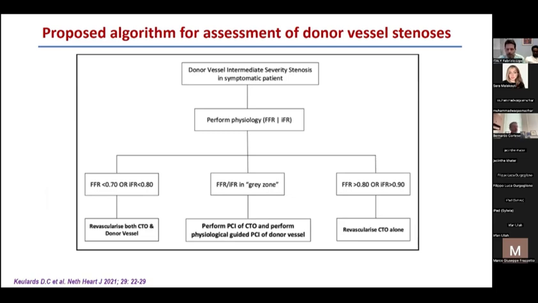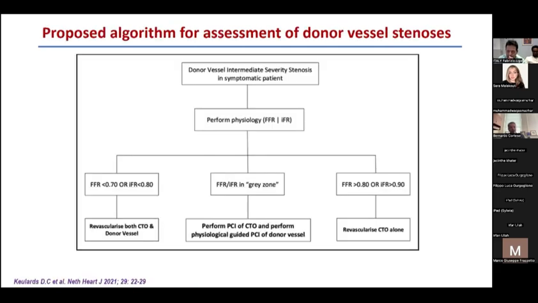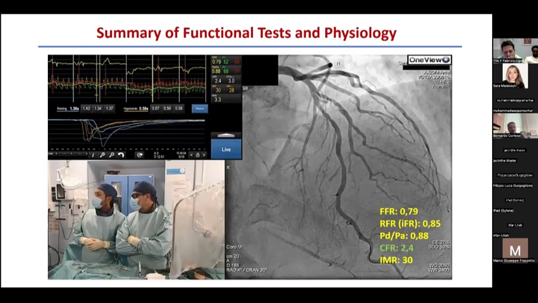Analyzing all of these parameters, don't you think that can lead to some confusion if the results are not all on the same side? If they are all positive or all negative, it's fine. But if some are on one side and some on the other, don't you think this can create more confusion?